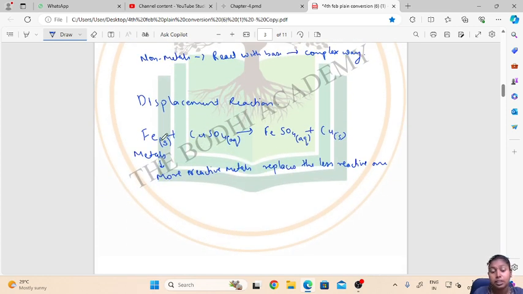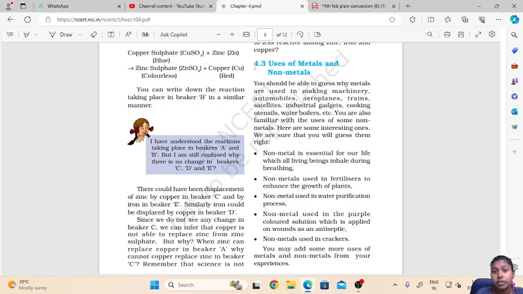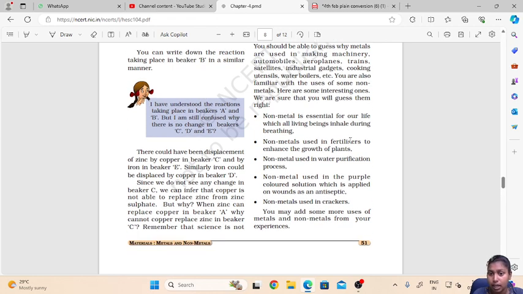It only happens with metals, where more reactive metals replace the less reactive ones. And the last thing that we have seen are the uses of metals and non-metals. Metals are used in machineries, automobiles, aeroplanes, trains, and cooking utensils. And non-metals are used in fertilizers, for water purification, as antiseptics, and even in crackers.